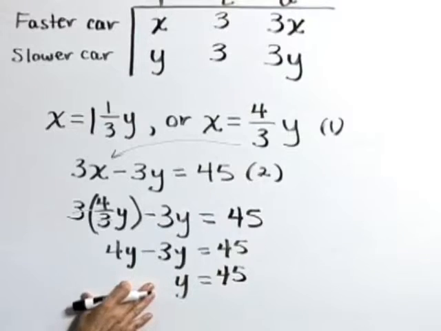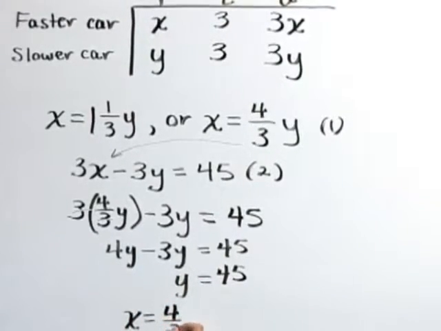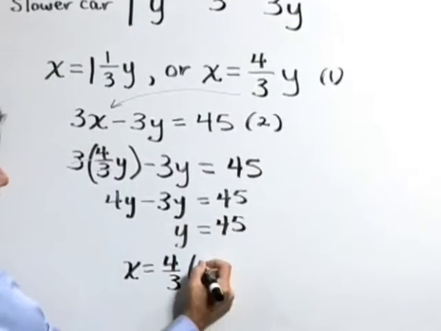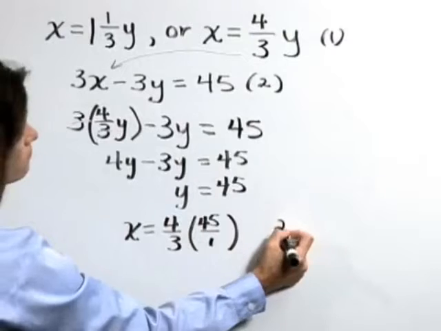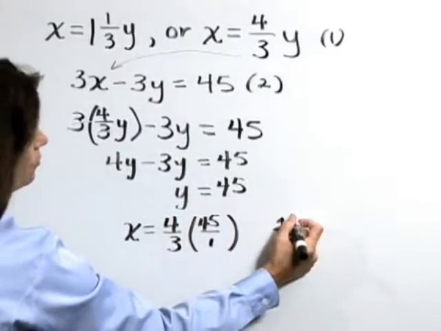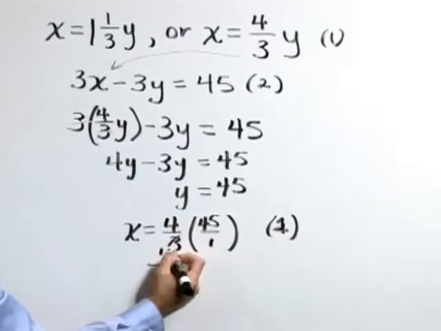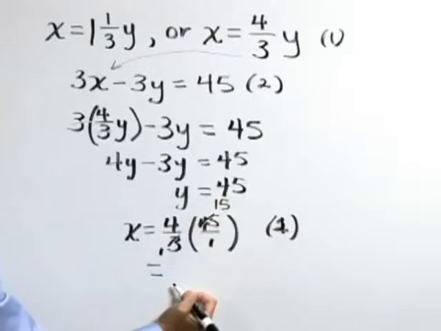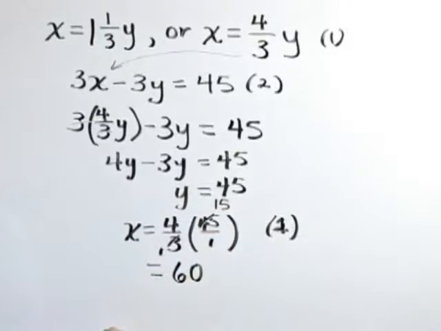According to equation number 1, x is equal to 4/3 times 45, and I'm going to write that as 45 over 1. That was actually equation 1 there. So x is equal to, 3 goes into itself once, 45 15 times, multiplying straight across, that's 60 over 1, or 60. So we've solved the system.